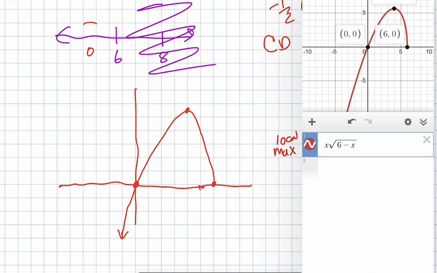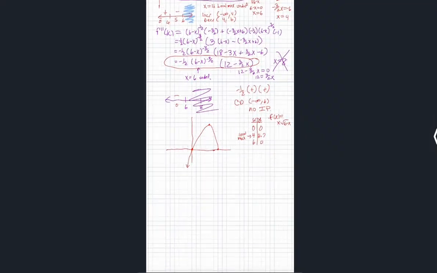It is concave down for the entire length of the graph. It increases till here and then decreases. So all the things that your first or second derivative tell us should show up in the graph, or either your math is wrong algebraically or your graph is wrong. Okay, so that is that.